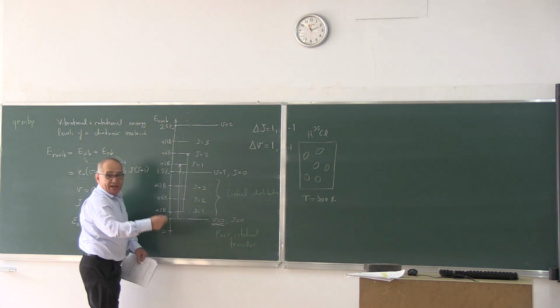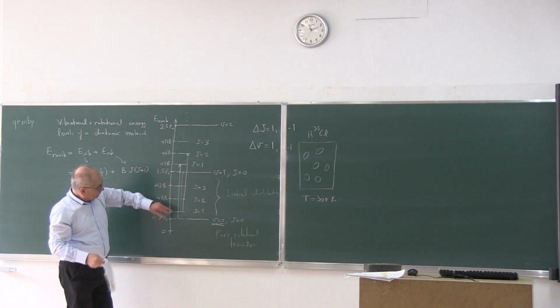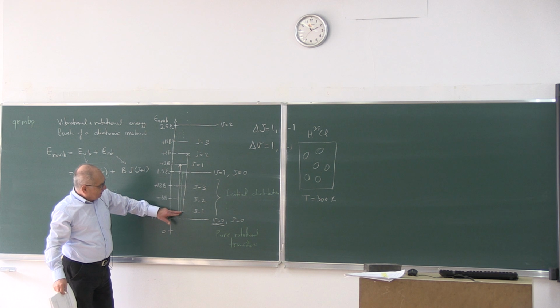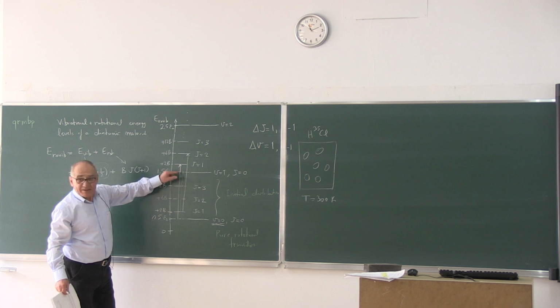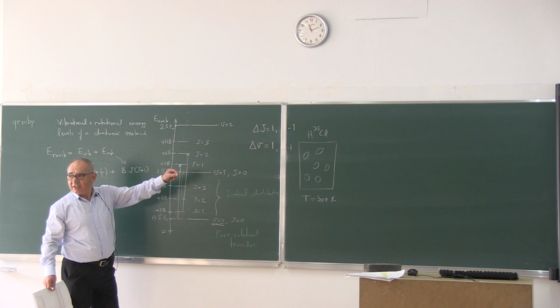You need external energy to cause this transition. But for the rotationally excited levels of the ground vibrational level, it is possible for such molecules to make a transition such that delta J is minus 1 or delta J is plus 1. Both are possible.